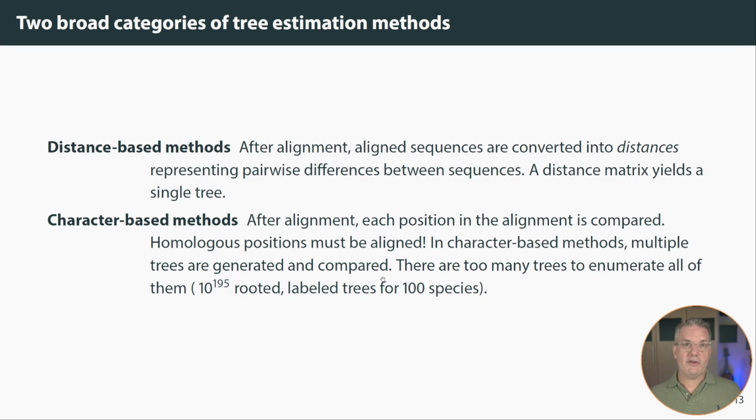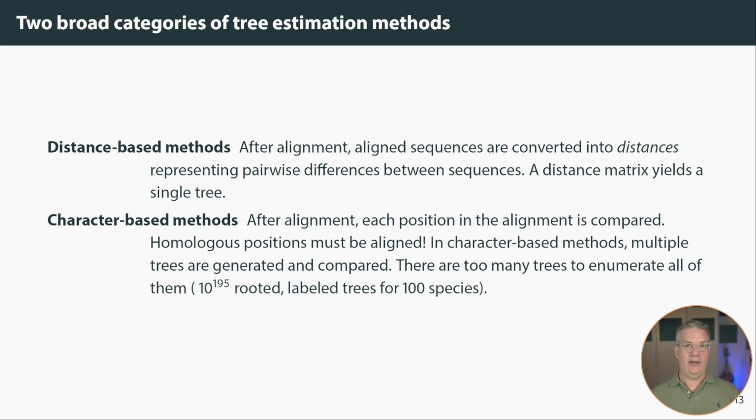Now, in terms of estimation methods, in this video, we won't go into detail on estimation methods, but there are two broad categories to estimate trees. The first is distance-based methods. So what we do there is after the multiple sequence alignment, we take those aligned sequences and we convert those sequences into a distance matrix, into distances, and those represent some form of pairwise differences between sequences.